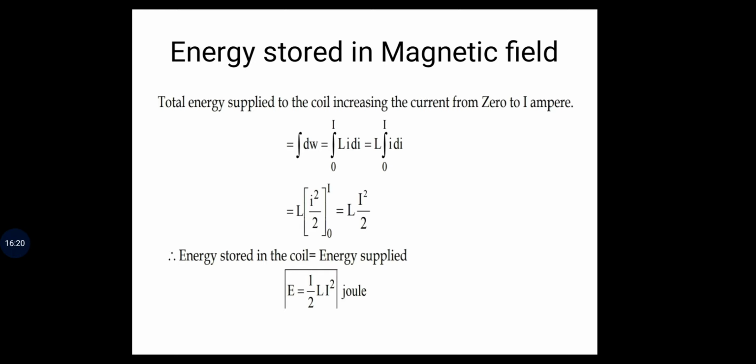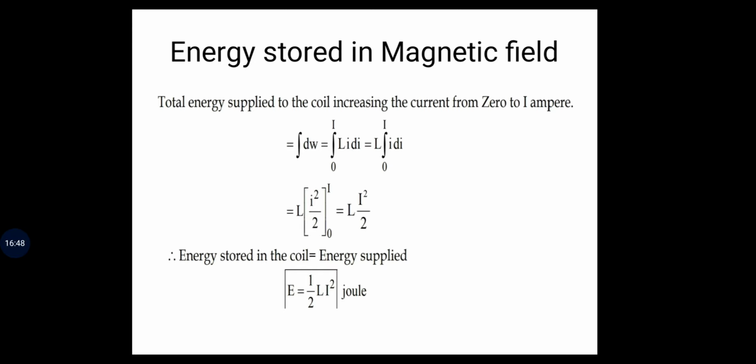Here the limits are 0 to I. We substitute the limits: L into I square by 2 minus 0. That means L into I square by 2.